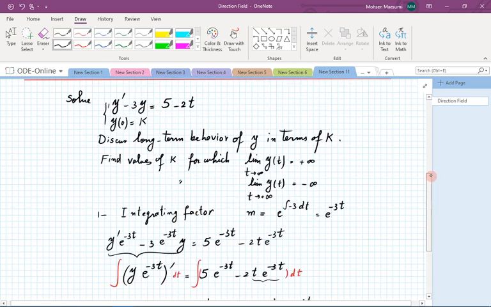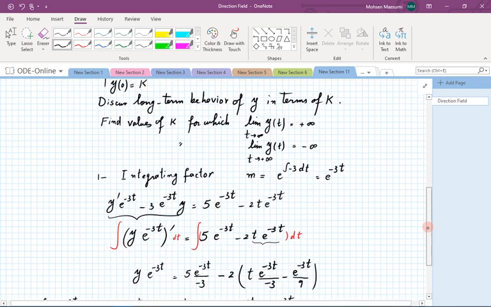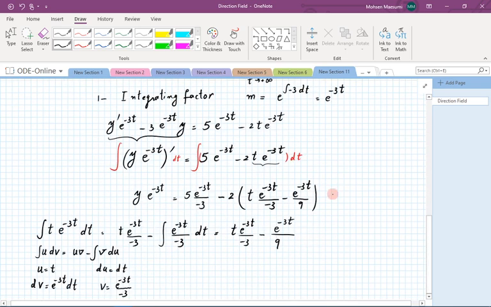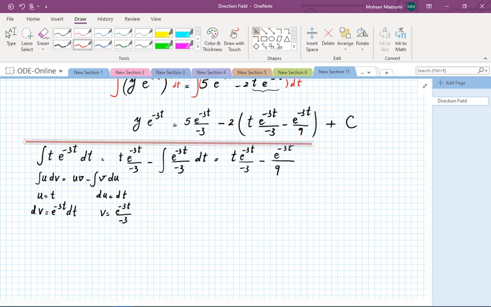Just make sure that you don't mix up your constant. This one was a K, and for this one any other letter would do. So for example, a C is as good as anything. So we did some side calculation here. I put the side calculation on a side margin so that things do not run into each other.